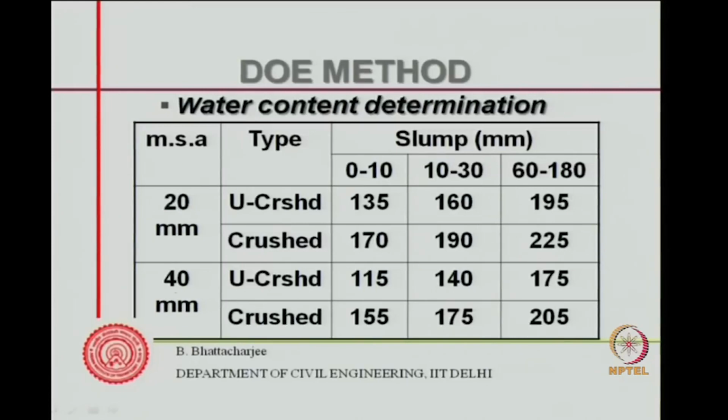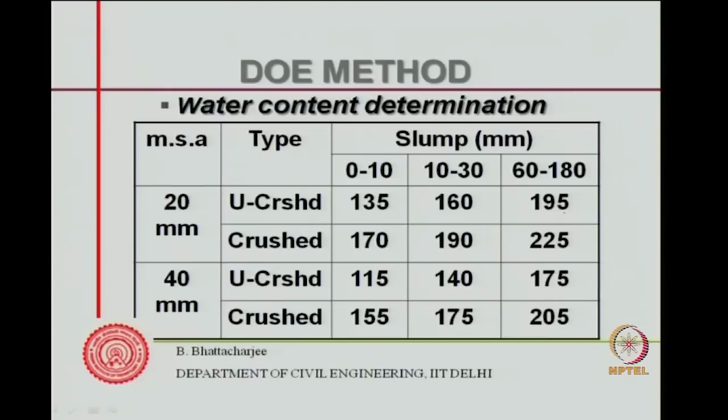So for various MSA, 10 mm, 20 mm, 40 mm, for uncrushed and crushed aggregate, it gives you the water content for various slumps. For example, in our case it was 80 mm slump, we would have used possibly 195 kg per meter cube of water, which the IS code gave us 167.